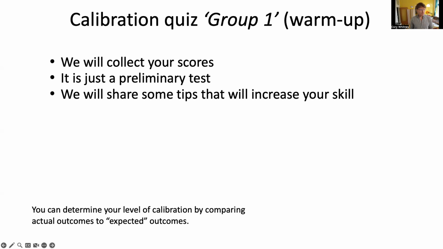And as you go through this, you can determine generally your level of calibration by comparing your actual outcomes to your expected outcomes. That is to say, we're asking you to give 90% confidence, so you can see if you get 9 questions out of 10, you're doing pretty well. But we'll talk about that at the group level in just a minute. So what I'd like you to do now is to go ahead and fill in your name and answer the first group of questions.